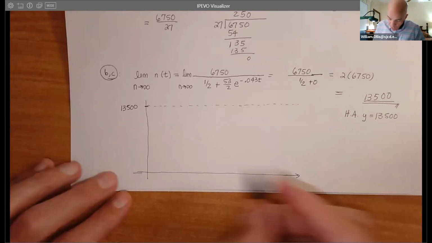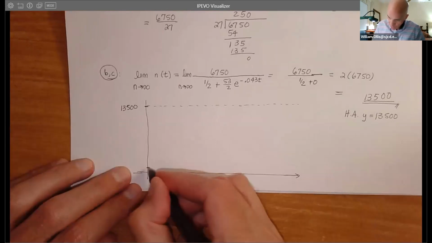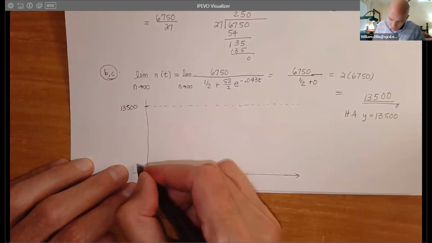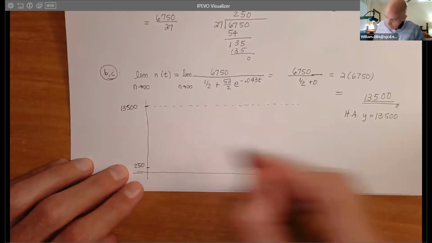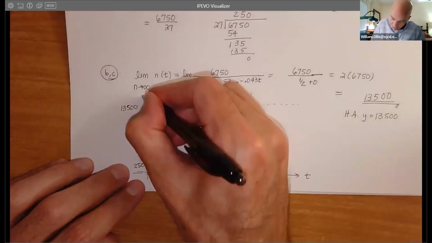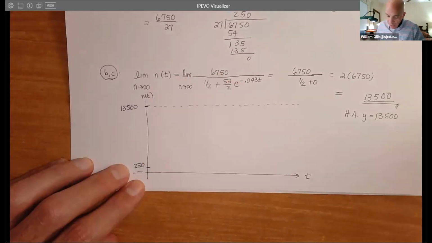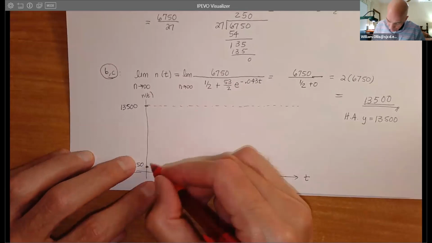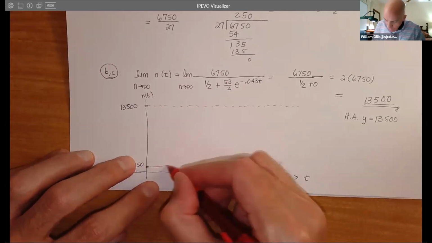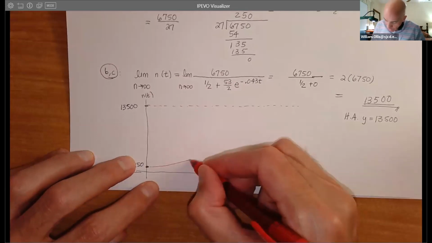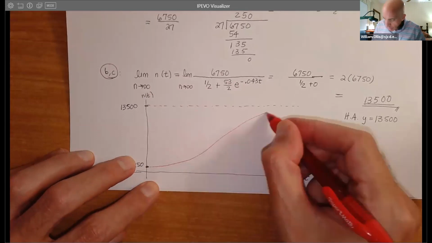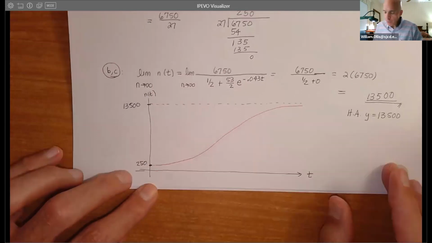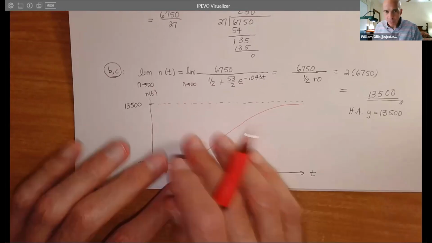And then, of course, we'll just cheat a little bit and mark this as 250 when t is equal to 0. So this is t, and this is n of t. And so we start here, and we increase, and then we have to converge up to this line. Now, of course, this is kind of a guesstimate curve.